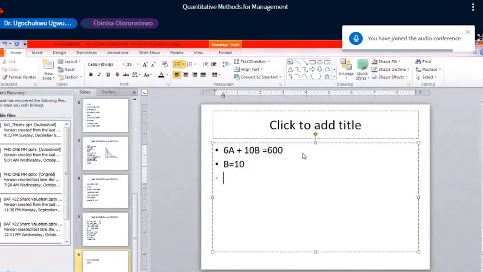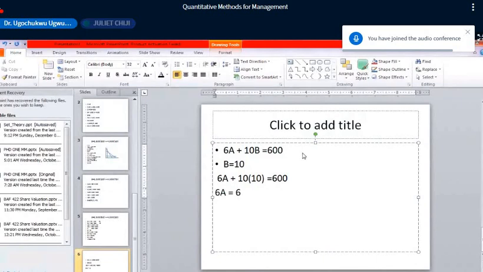Here you don't need much, but to just substitute B in that first equation, so that you now have 6A plus 10 into 10 is equal to 600. 10 times 10 is equal to 100.